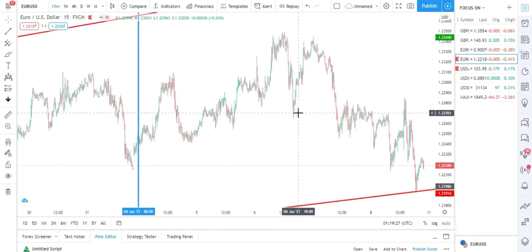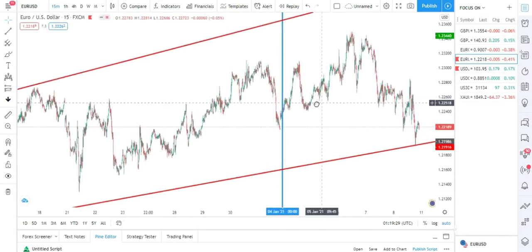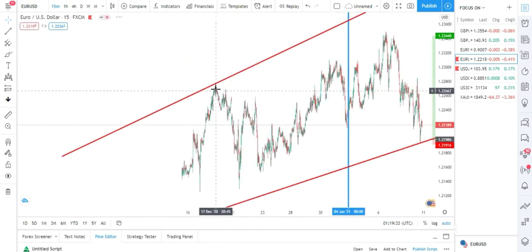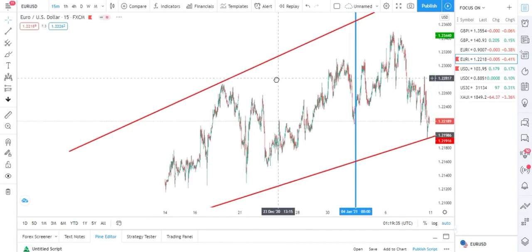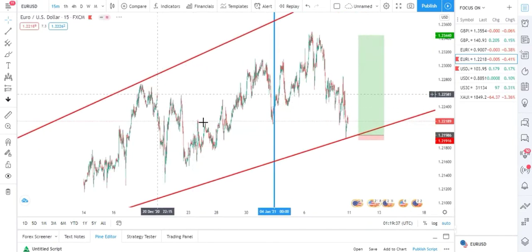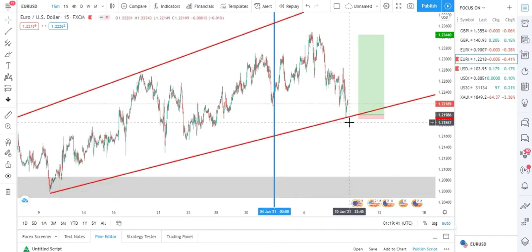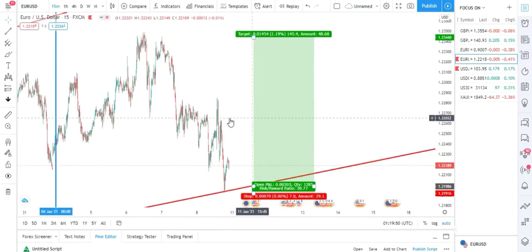It touched here, touched the resistance for the second time, right? And it needs to come back down here and touch for the second time as well. That could have been my confluence to be like, okay, I agree that it has to come back here. Then when it comes here, that's when I'm going to take my trade to the upside.